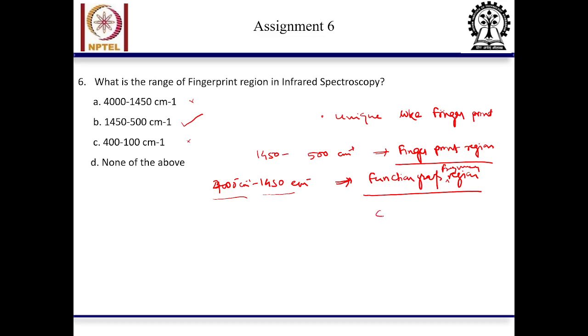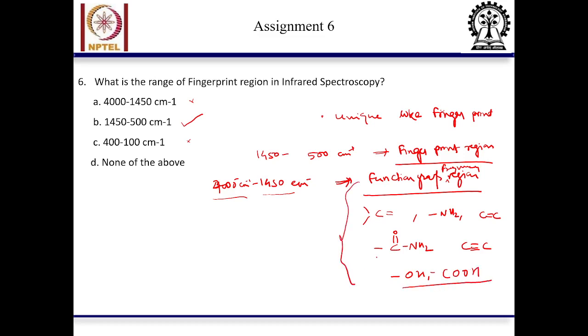In this region you have keto, amine, alkene, amide, alkyne, OH and COH. All these frequencies will come in the group frequency region, the functional group region.